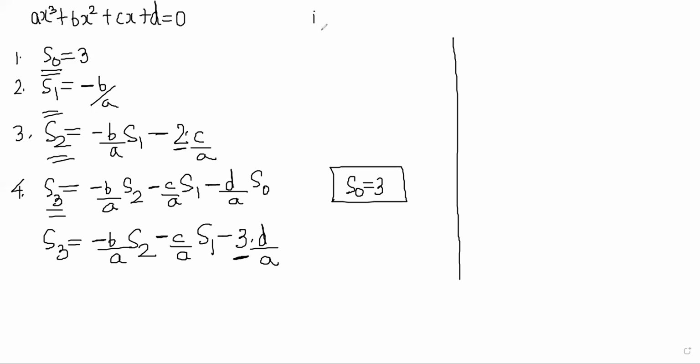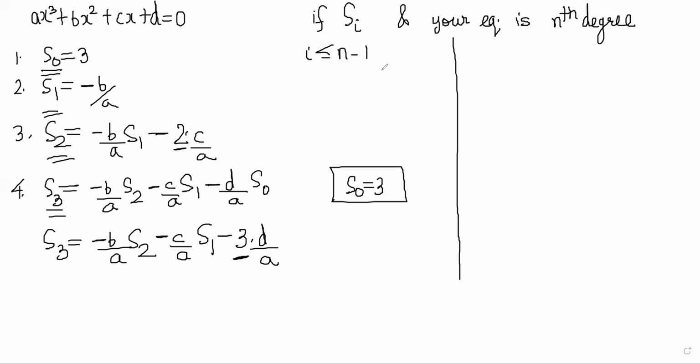If you want to find S of I, and your equation is nth degree, the formula will differ when I is less than or equal to n minus 1, following this pattern. And when I is greater than or equal to n, it is much simpler. The recursion is very simple.